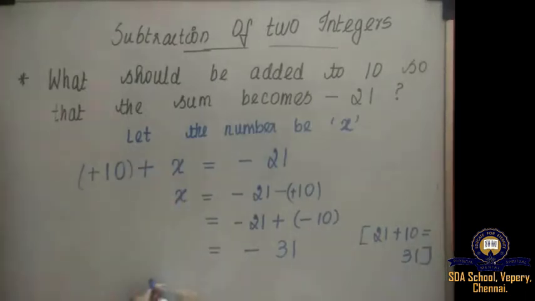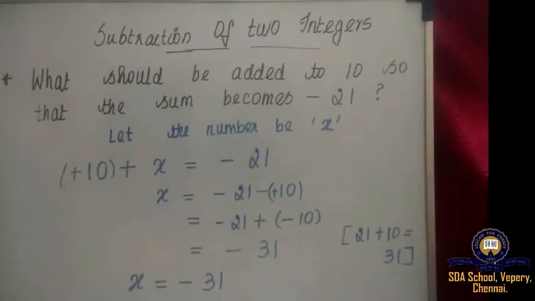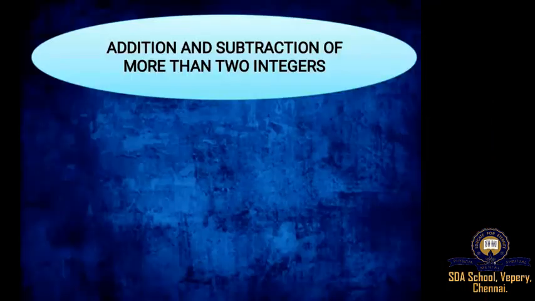So the value of x is equal to minus 31. So minus 31 should be added to 10 so that the sum becomes minus 21.